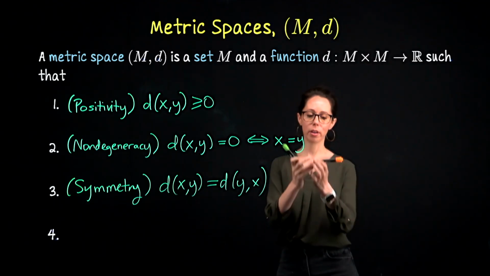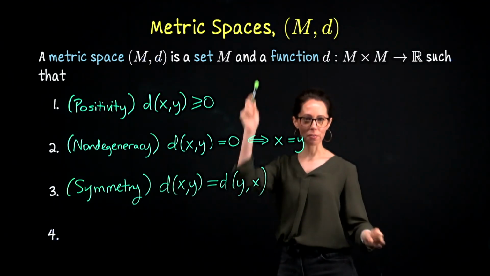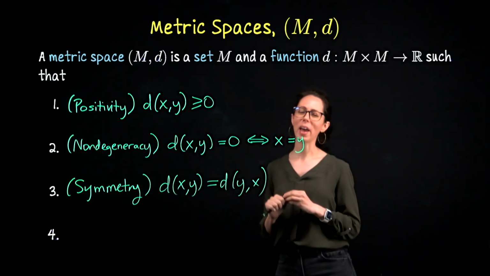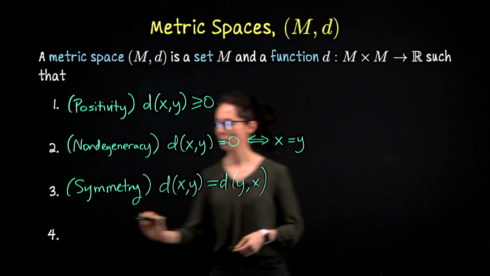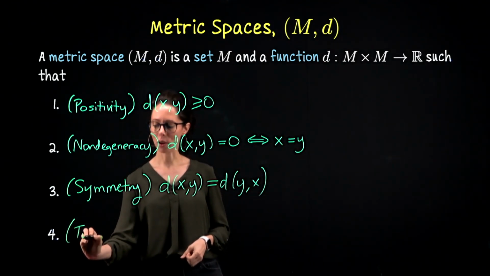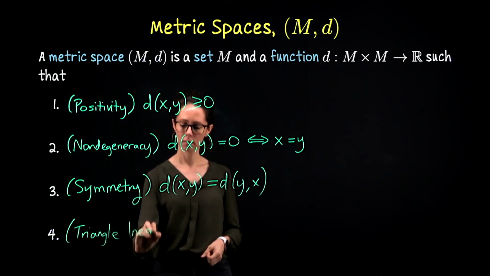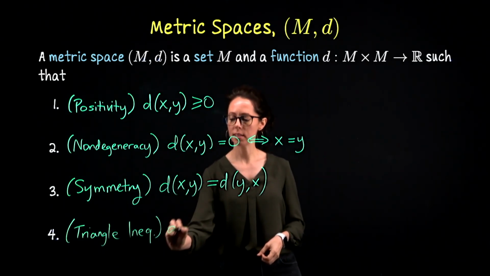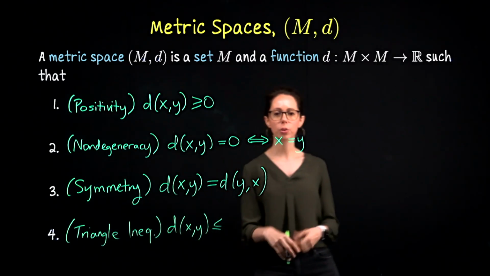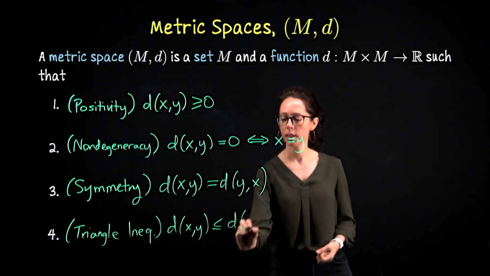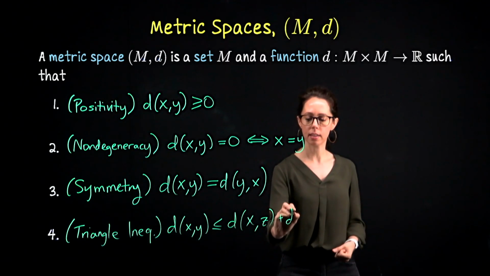So if I want to go from the green marker to the orange marker, it would be a detour if I went and visited a different marker along the way. I'm trying to say the triangle inequality. I'll give you a more mathematical illustration of it in just a second. So the triangle inequality is that the distance from x to y is less than or equal to going through a different element z. So it's less than or equal to the distance from x to z plus the distance from z to y.